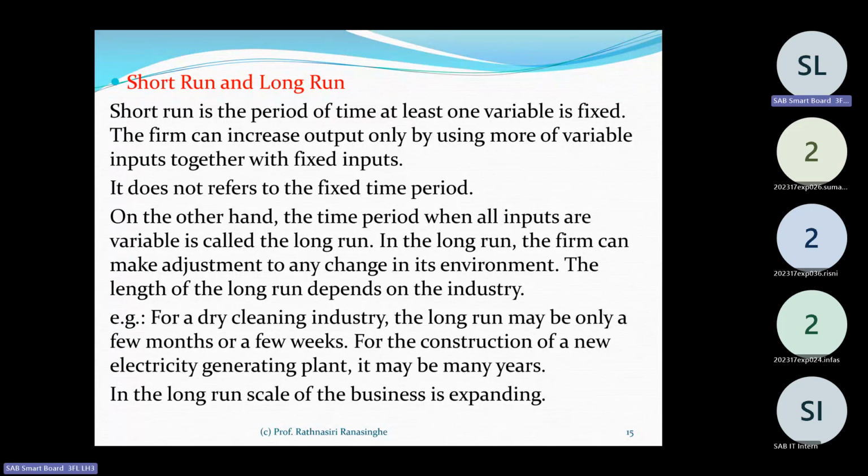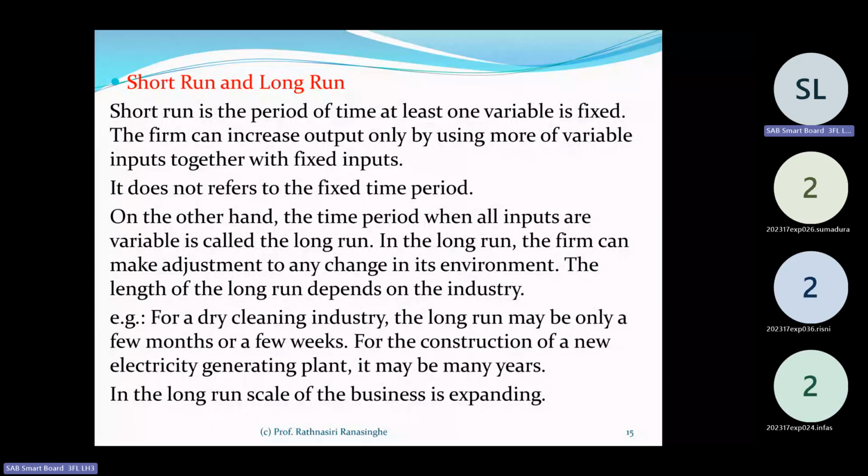In the short run, that means the production process experiences diminishing returns to the variable factor proportion. The variable factor is labor. Keeping the two machines, the capital, fixed, we try to increase the output by adding more and more labor, or increasing the labor hours.